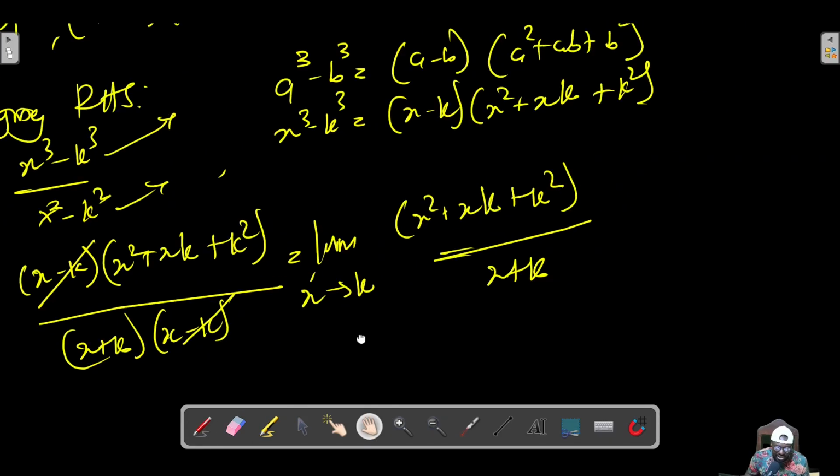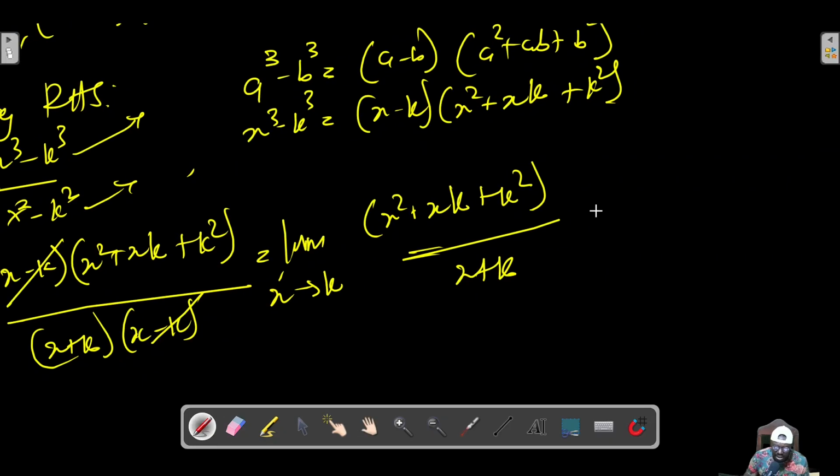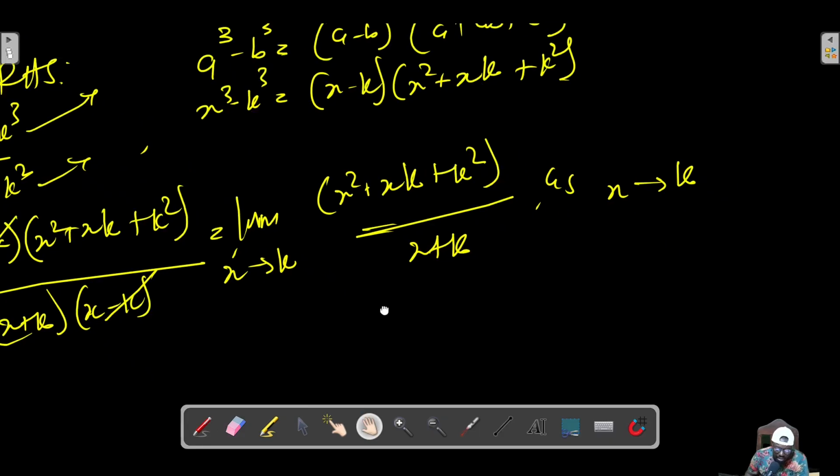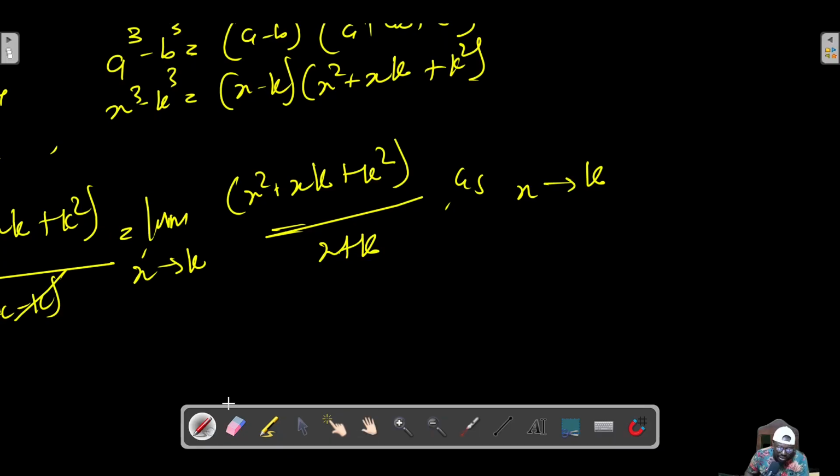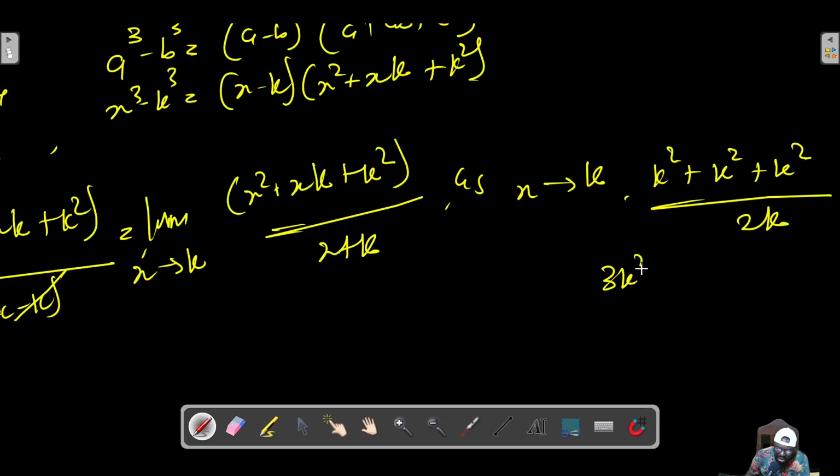Wherever we see x, we substitute in k. So as x is approaching k, we end up with k squared plus k squared plus k squared divided by k plus k. So we have 2k in the denominator and 3k squared in the numerator, and we end up with 3k divided by 2.